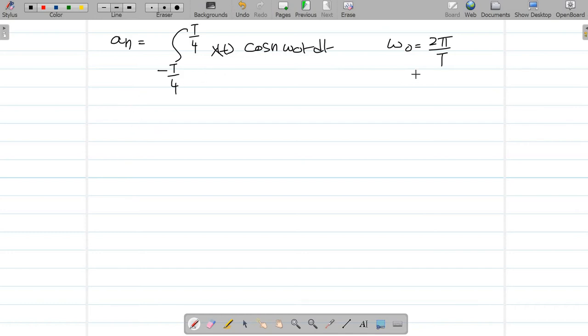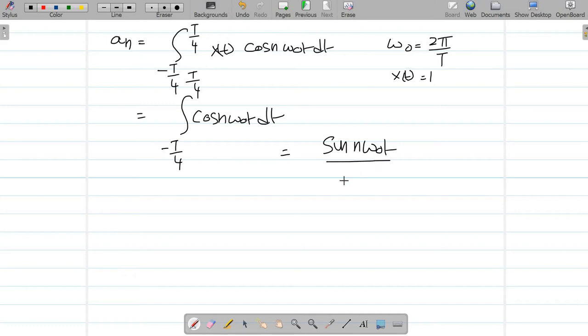So the amplitude of x of t is 1 here, in this case it is 1. So this will be equal to the integral from negative T by 4 to T by 4 of cos n omega naught t dt, and if I evaluate the integral, it will be sin n omega naught t divided by n omega naught. Let me apply the limits.